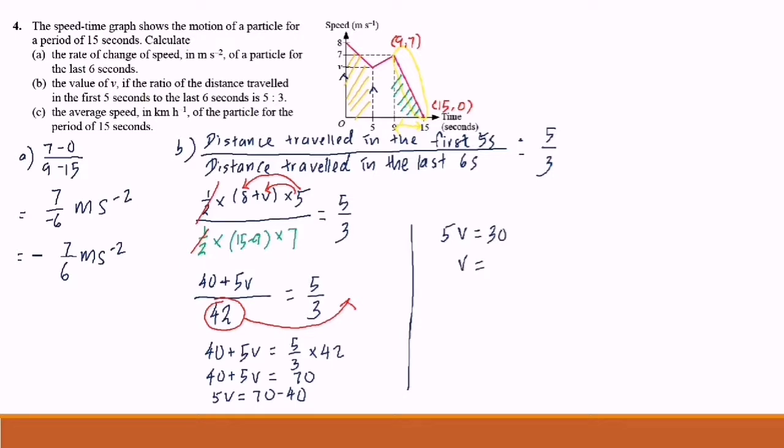V equals 30 divided by 5. V equals 6. E. The average speed in km per hour of the particle for the period of 15 seconds.